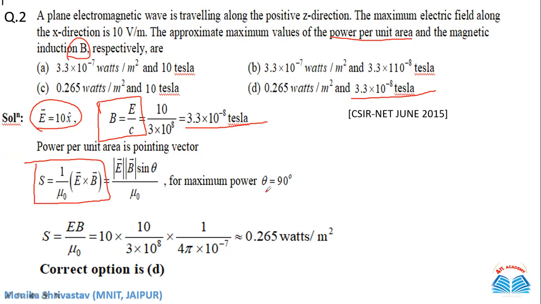So maximum means the maximum value of sin theta, so theta will be 90 degrees. Just put the values and solve. We get S as 0.265 watt per meter square. Option D will be correct, obviously. Easy question.